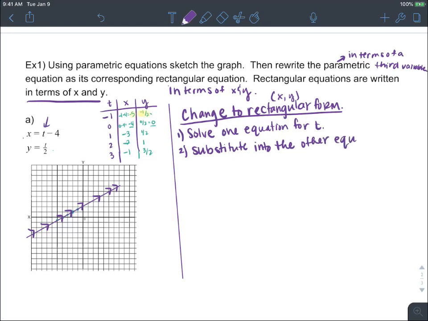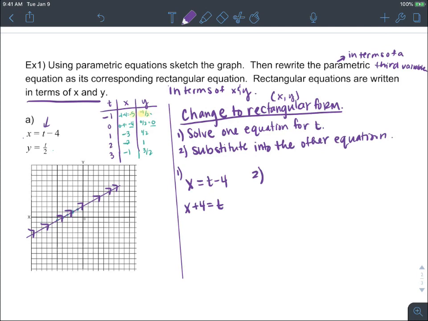It doesn't matter which one you start with, just like other systems. Okay. So I'm going to use the x equation. x is equal to t minus 4, and I'm going to solve for t. So x plus 4 is equal to t.